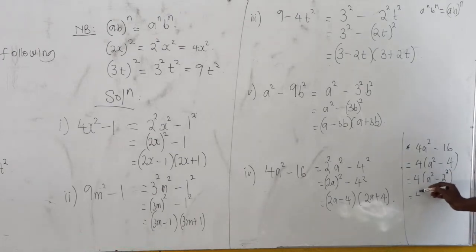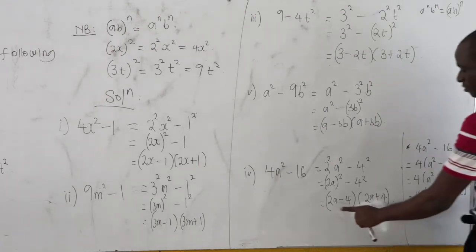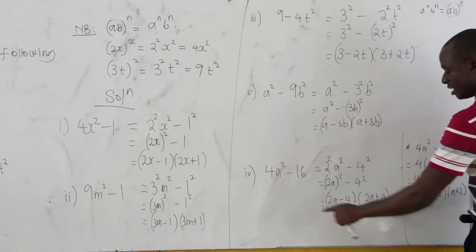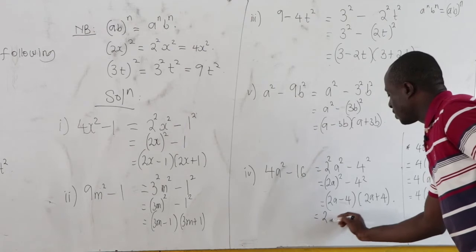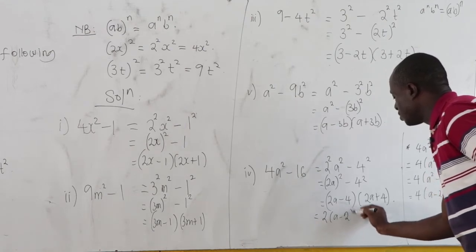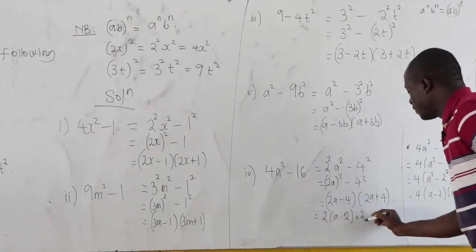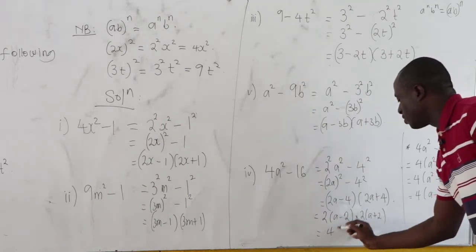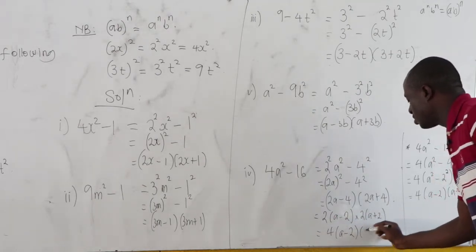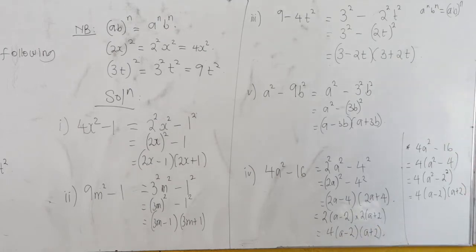Now this is the same as a minus 2, a plus 2. Now here we can factorize 2 out from here. We can also factorize 2 out from here. What I'm saying is that here we have 2a minus 2, and then 2 out of here we have a plus 2. So this times this, that is 4(a minus 2)(a plus 2). That is all that I'm saying, which is the same as this very one.